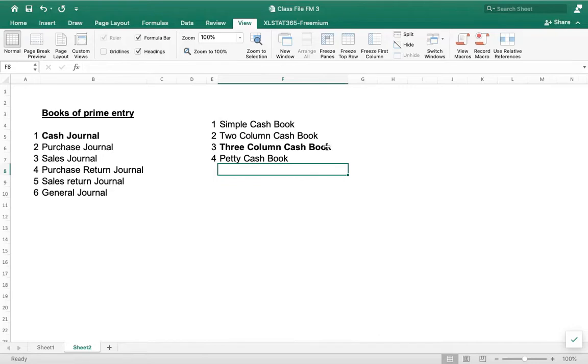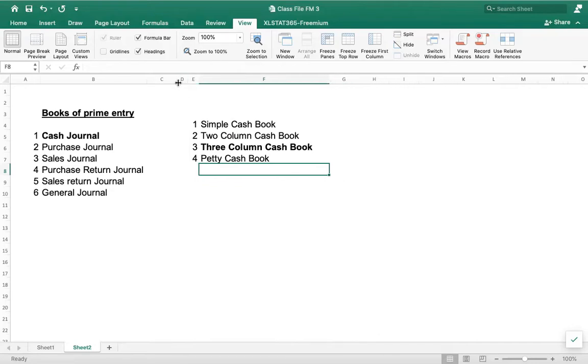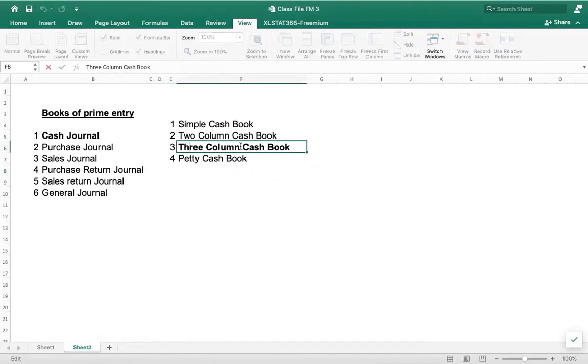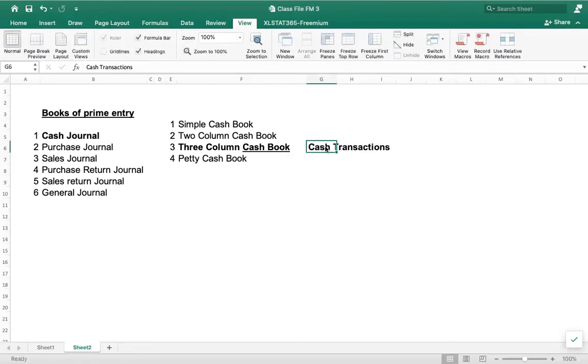First, let's understand what kind of transactions we are supposed to record in this. So what is the name of the book? Cash book, isn't it? So only we will record cash transactions. No credit transaction.